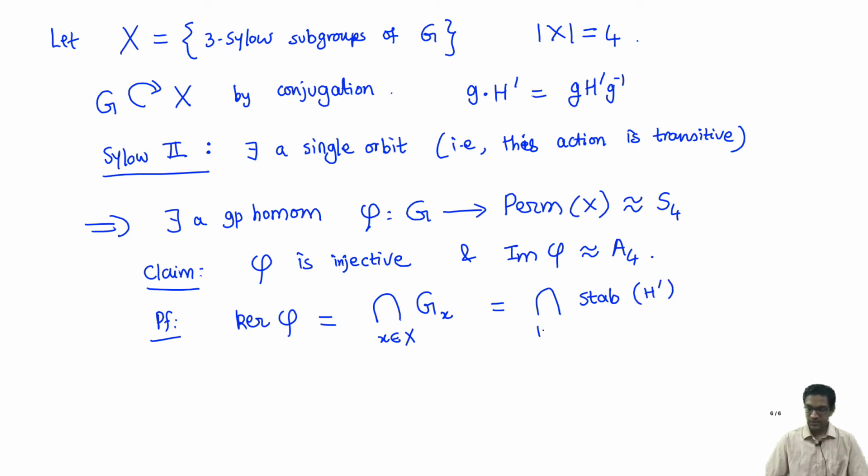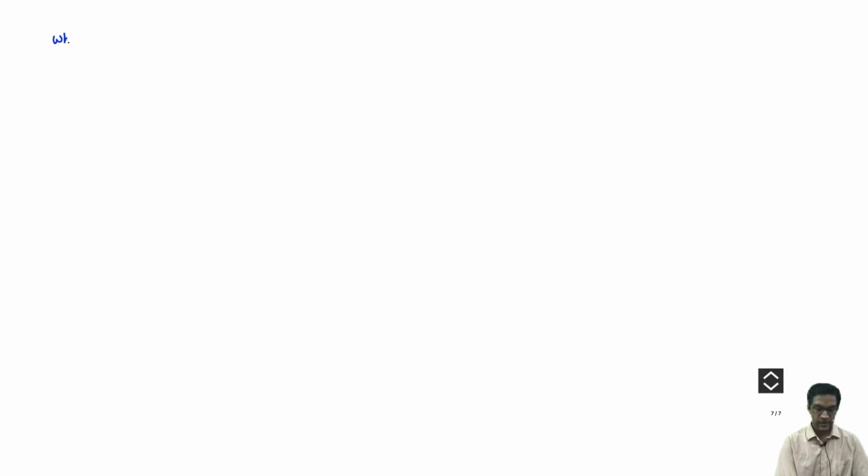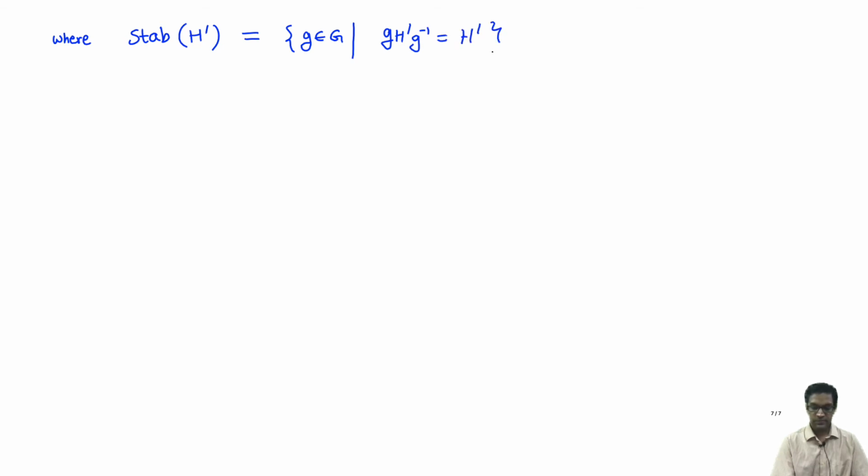Let's say H prime is any one of the 4 3 Sylow subgroups. And what does stabilizer mean? Stabilizer of H prime, by definition for the conjugation action, is all those group elements which act on H prime and leave it fixed.